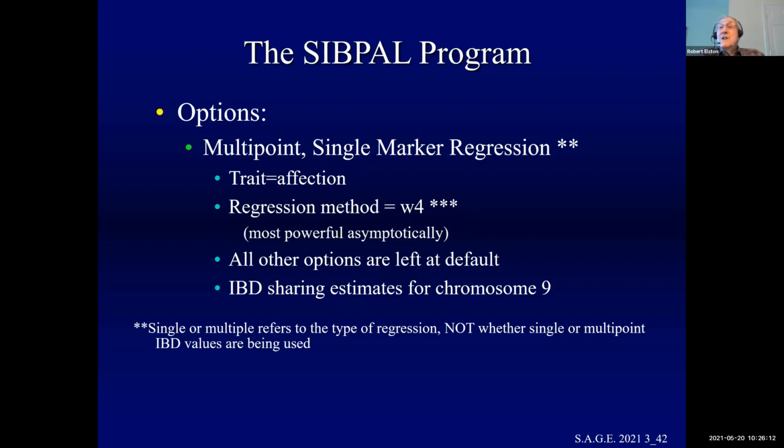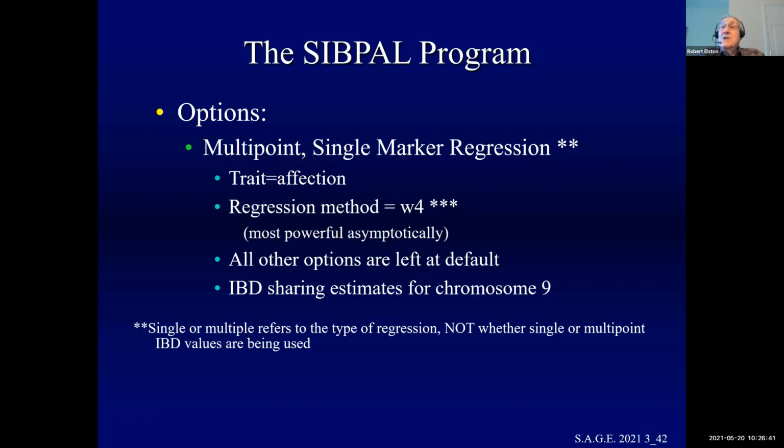Trait is affection. The regression method we're using is W4. That's the most powerful method asymptotically. Unfortunately, it's also the least stable one. It's very important to realize that when you start using W4, you're estimating lots of things, as we'll see in the theory.